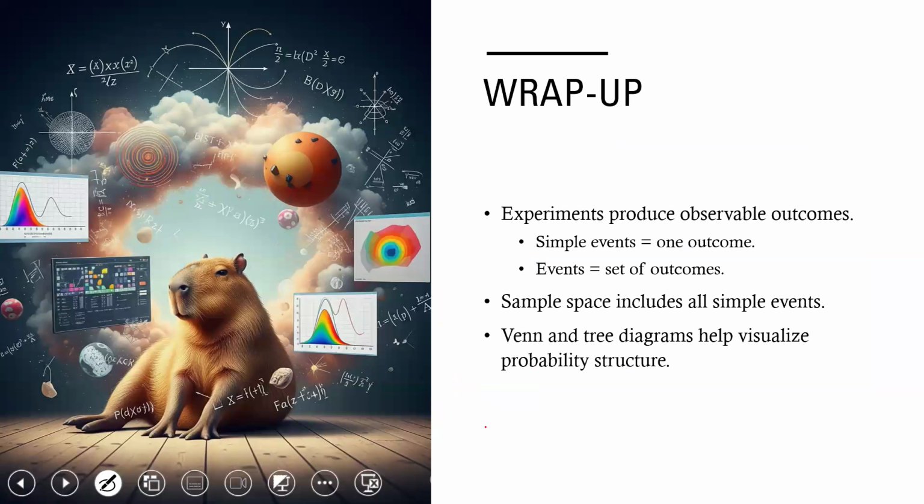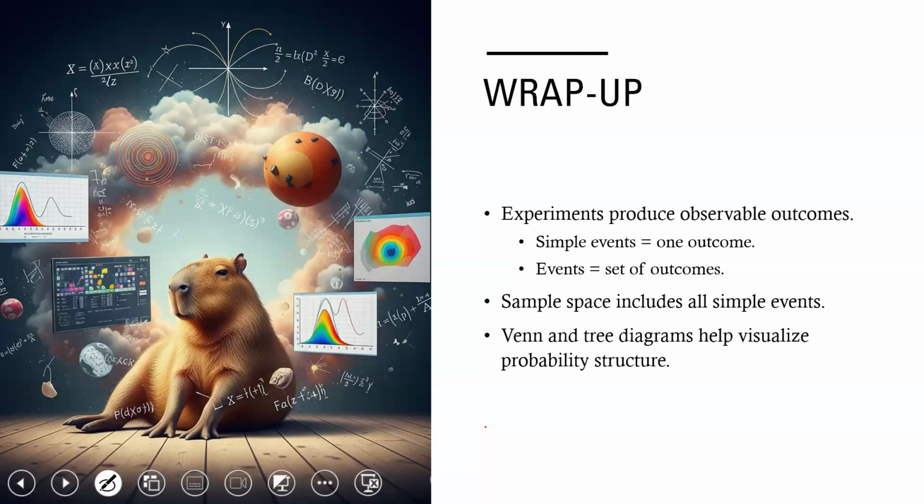So to wrap up, an experiment is a process that leads to an outcome. A simple event is one specific result. A general event includes one or more such outcomes. The sample space includes all possible simple events. Some events are mutually exclusive, while others can overlap.